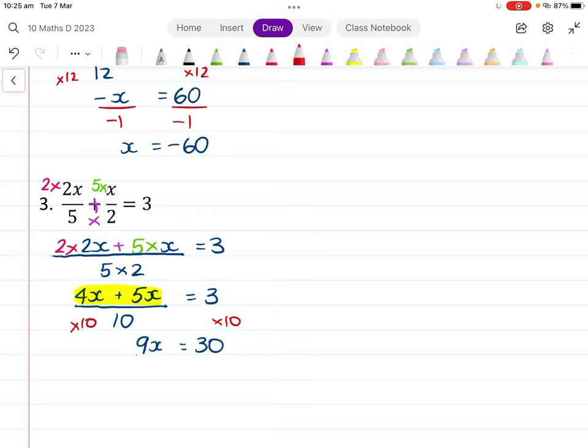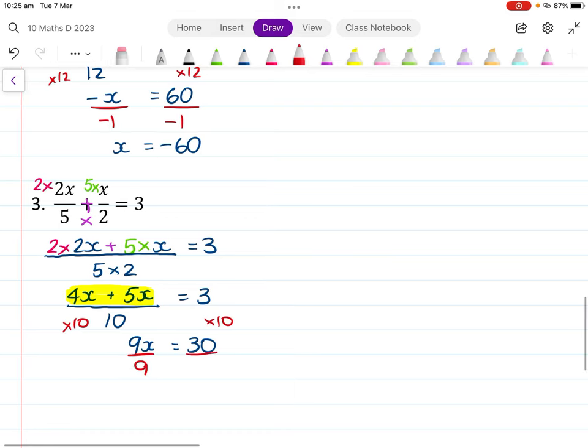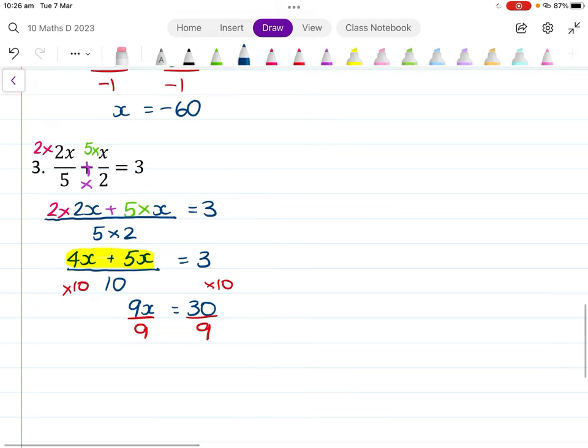We then want to remove the 9 from the x. It's currently touching, which means times, so we have to divide by 9 on both sides. When we divide both sides by 9, we get x is equal to 10 over 3 as an improper fraction. As a decimal, you would have got 3.33333 or 3 repeater. If you just hit your S-D button, it will turn it into a fraction for you.